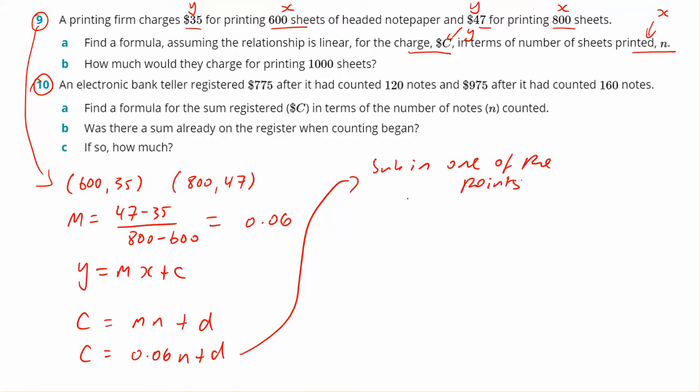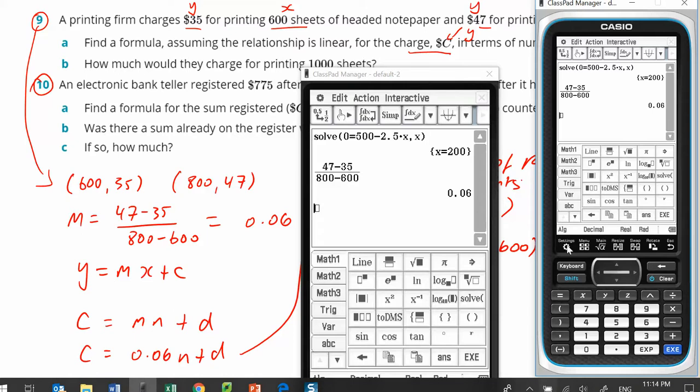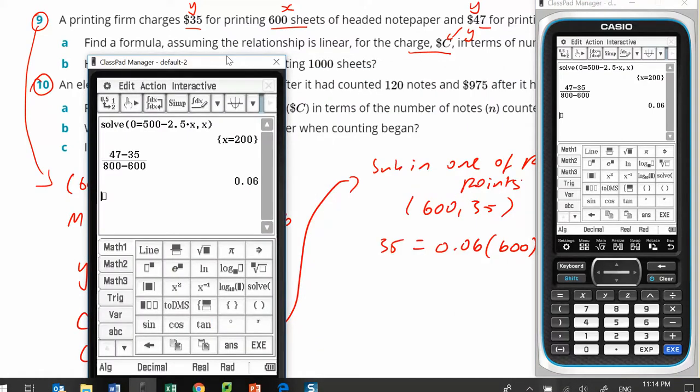So I'm subbing in, I'll just choose any one, so 600, 35. The shortcut way is you sub it in directly and just use the calculator to solve it. So when C is 35, n is 600, 35 equals 0.06 times 600 plus D. So I'm just going to solve for D. On my CAS, 35 equals 0.06 times 600 plus, I'm just going to use x for convenience, and solve for x.